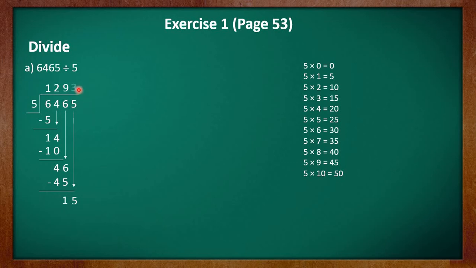So we will write 3 in quotient and we will subtract 15 from this 15. So nothing remains and we do not have anything else left in our dividend. So we have completely divided 6,465 by 5. So here we may say that 1,293 is our quotient and 0 is the remainder.